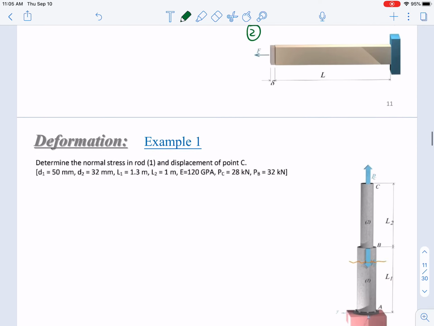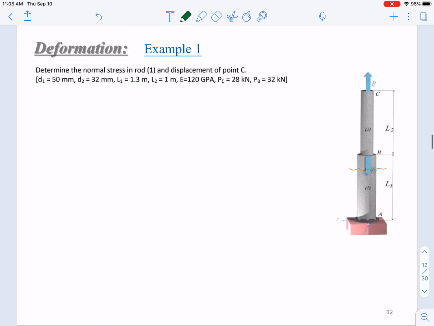These are basically all of the theories, and let's go through several simple examples to understand the concepts and the process of how to analyze the deformations in axially loaded elements and axially loaded element systems. Okay, the first example is shown here. You have a column.